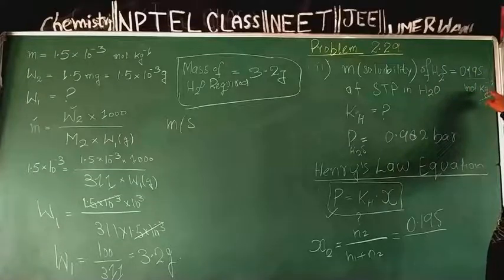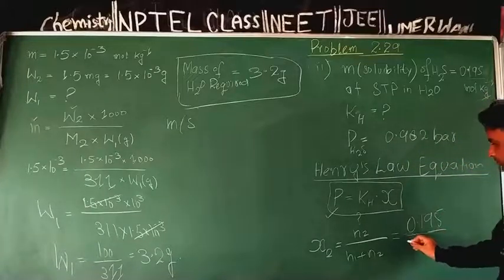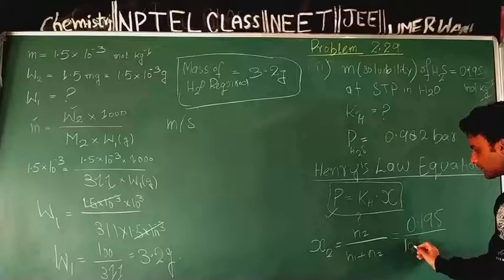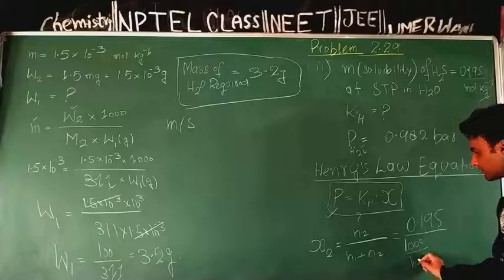The definition says I have 1 kg of water, and 1 kg of water means 1000 gram of water, and I need to calculate moles of water. For that I need to divide the mass of water by its molar mass, which is 18.